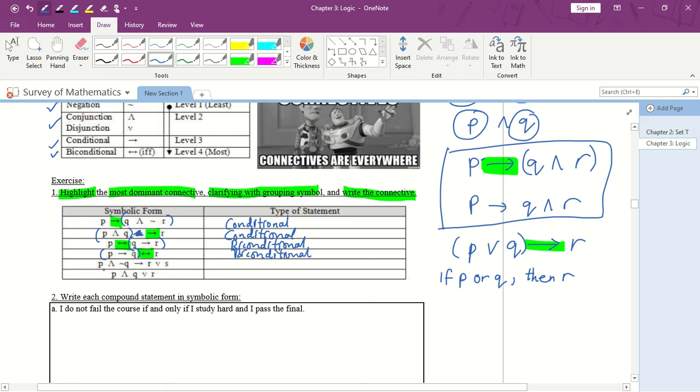And the next one, P and negation Q conditional R. It looks complicated, however, just think which one is most dominant, which is the conditional here. And for the other two sides, we just group with parentheses. And we know this is a conditional.